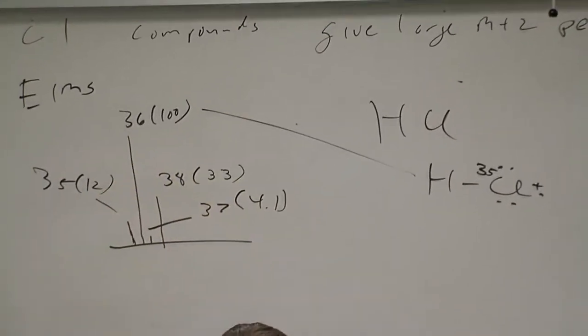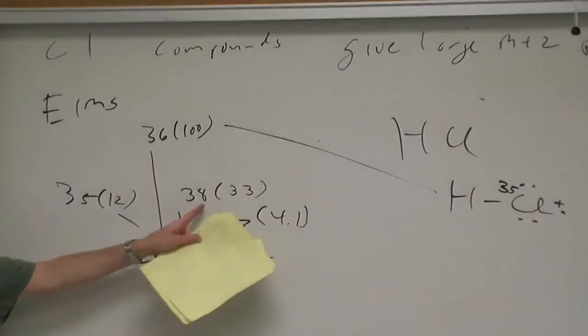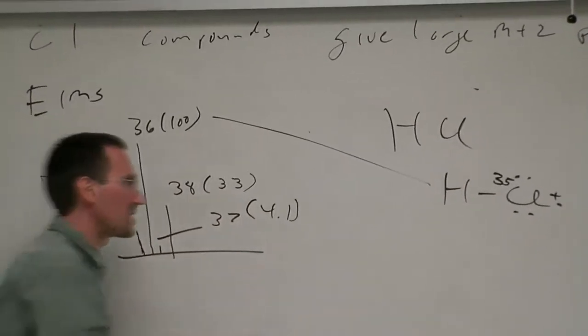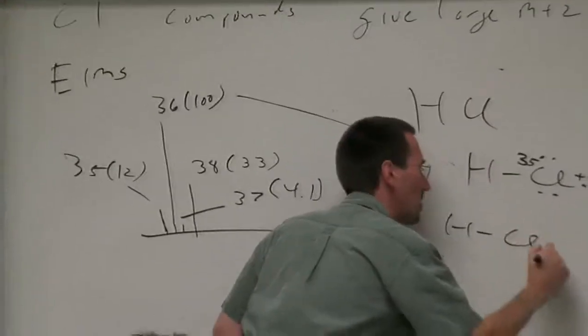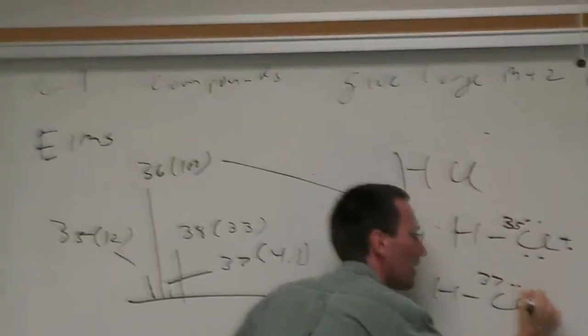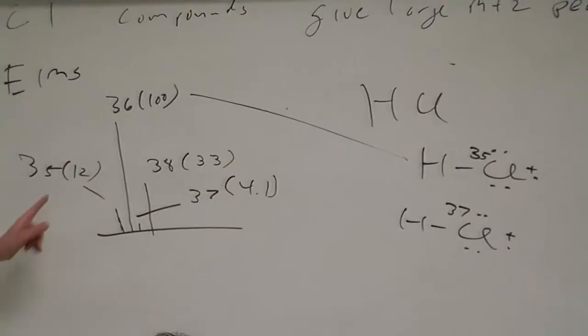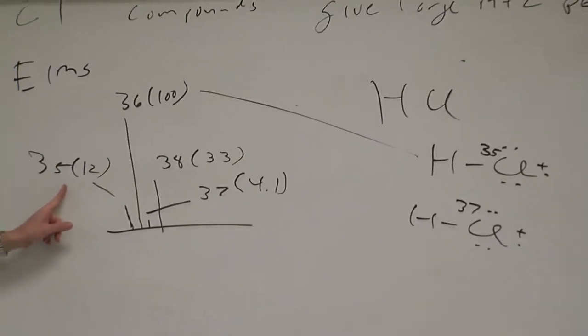That's the Cl35 peak. So what about the peak at 38? That's the 37 one. So far, so easy.